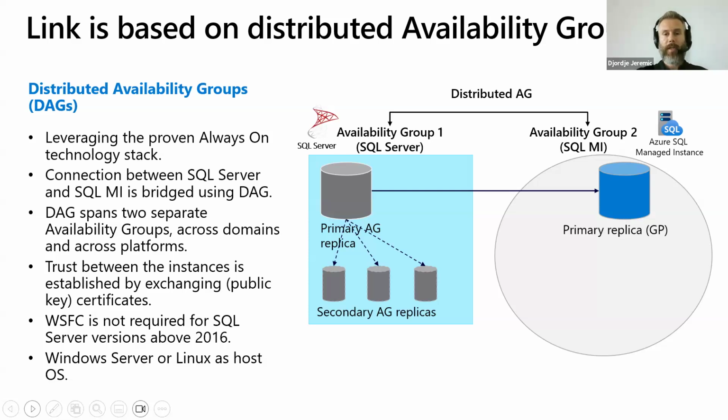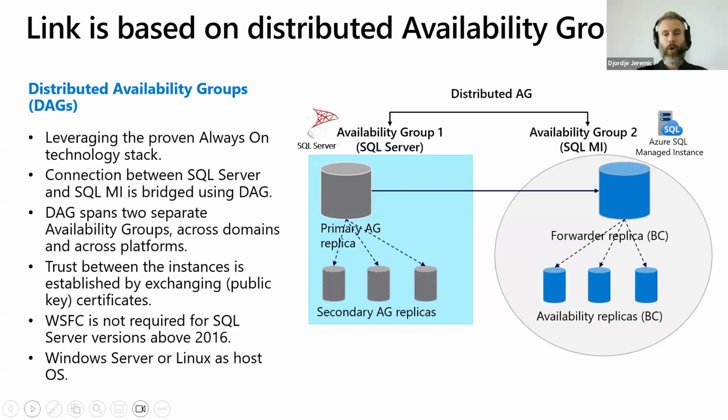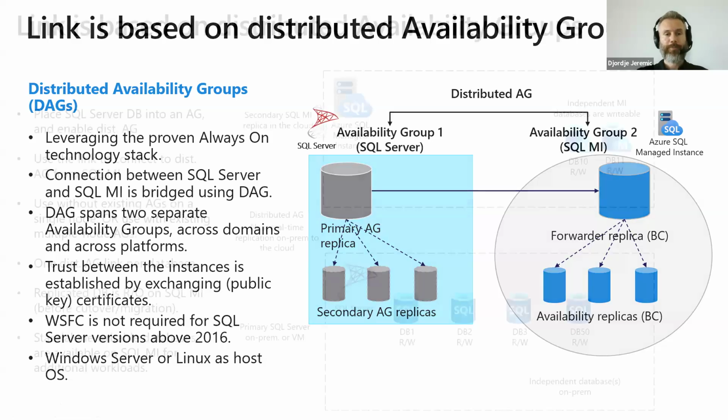For every database that is created there, we automatically create an availability group for you, and this link feature essentially connects this availability group with the availability group you explicitly created on-prem. Also, a brief reminder: for the GP service tier, there is a single replica of your database, and for business critical, there are 4 replicas. 1 is read-write and 3 are read-only.